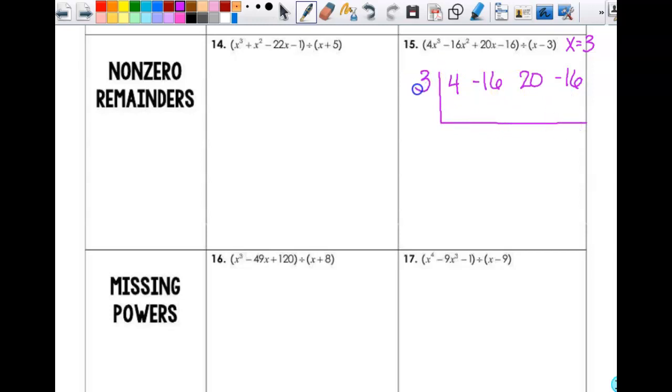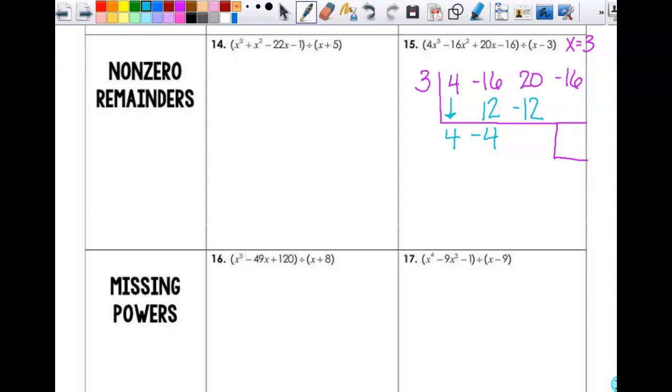And then 3 goes out here, and I box off that last spot. So I bring down my 4. 3 times 4 is 12. I combine those, get negative 4. 3 times negative 4 is negative 12.